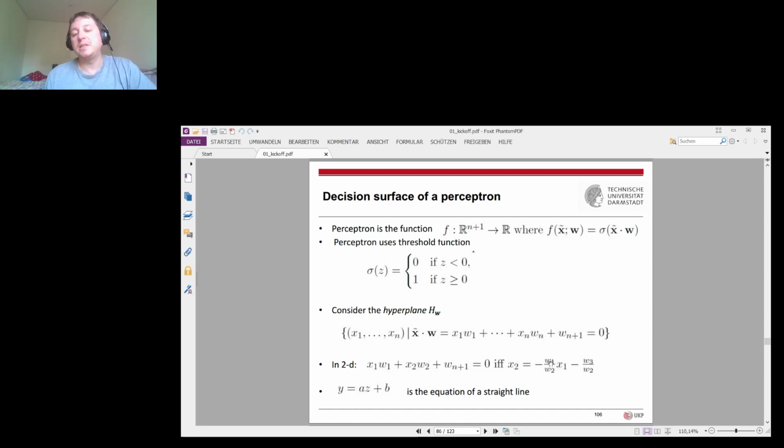And this we can rewrite into an equivalent form, where we put x2 on the left side and x1 on the right side, and you can easily recognize that this is the equation of a straight line, because a straight line has the equation y equals ax plus b, and this is exactly this form. So this is basically a hyperplane in two-dimensional space. It is just a straight line, right? And in three-dimensional space, it would be a real plane. And in 4, 5, 6, and 10-dimensional space, we call that a hyperplane. So this is just a generalized straight line, so to speak.